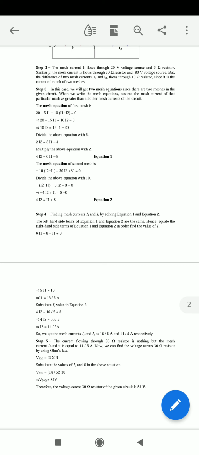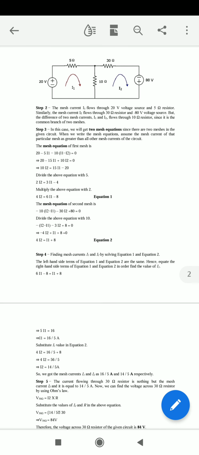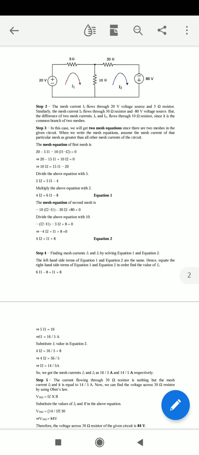Then the second mesh equation is minus 10 (I2 minus I1) minus 30 I2 plus 80 equals 0. Whether the polarity of the 20 volt and 80 volt sources is positive or negative, we choose from the direction of current flow in the voltage source. The current entering the 20 volt source is negative and the leaving current is positive, so the voltage source is positive 20.